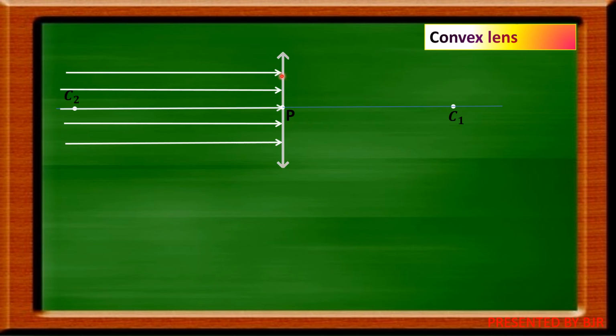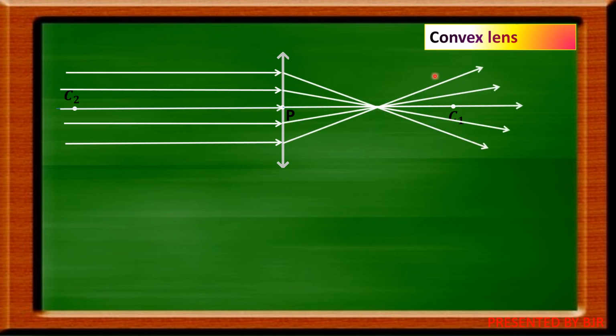And all these rays will get refracted, and these refracted rays will cross one another at one point on the principal axis here. So this point is called focal point F or focus. And here is another focal point F2. This is F1 and this is F2.